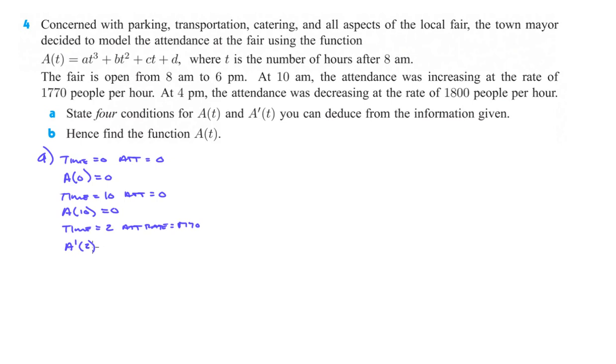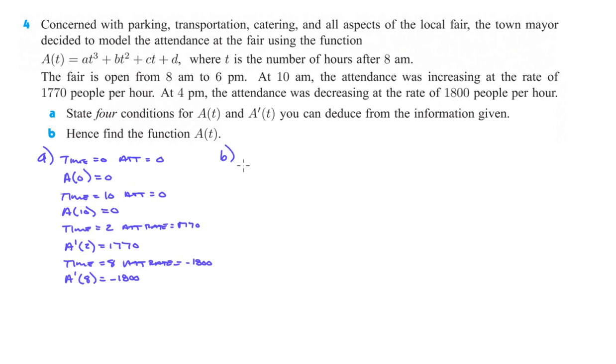So the slope at 2 hours is going to equal 1770. Now we also know at 4 o'clock, which is 8 hours after, so time equals 8, the attendance rate is going down 1,800 people per hour. So that means that A prime of 8 equals negative 1,800.